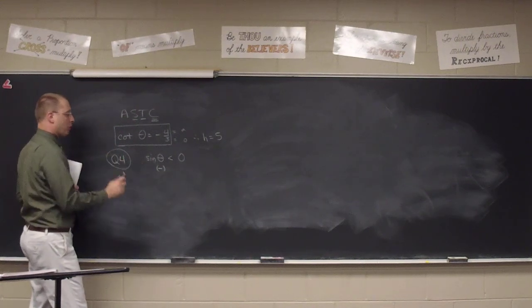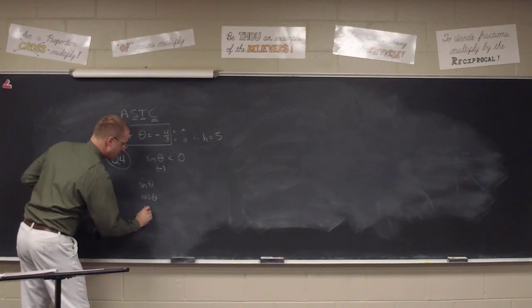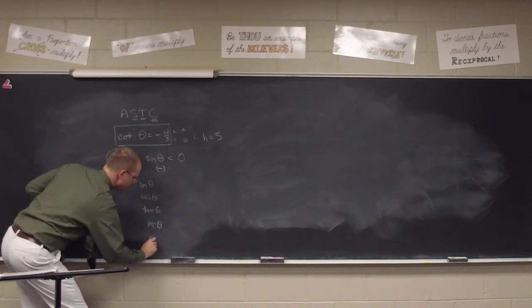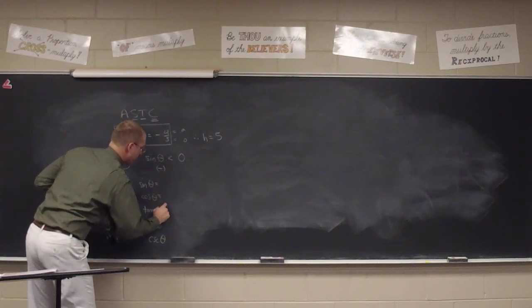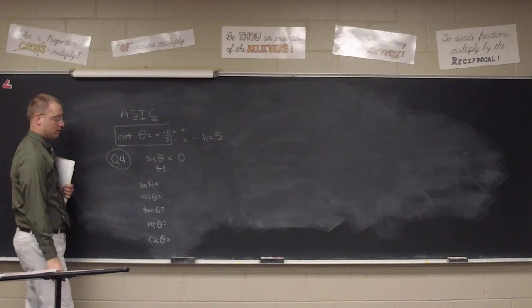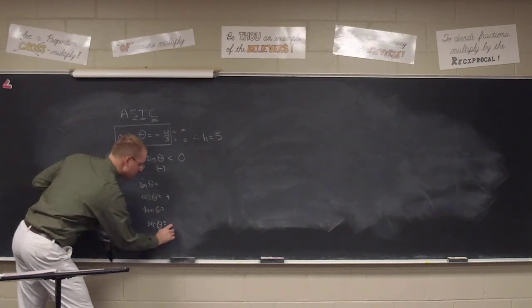All right, so when I list out my values, sine, cosine, tangent, I don't need to list cotangent, secant, cosecant. Everything's going to be negative except, class, cosine and secant.